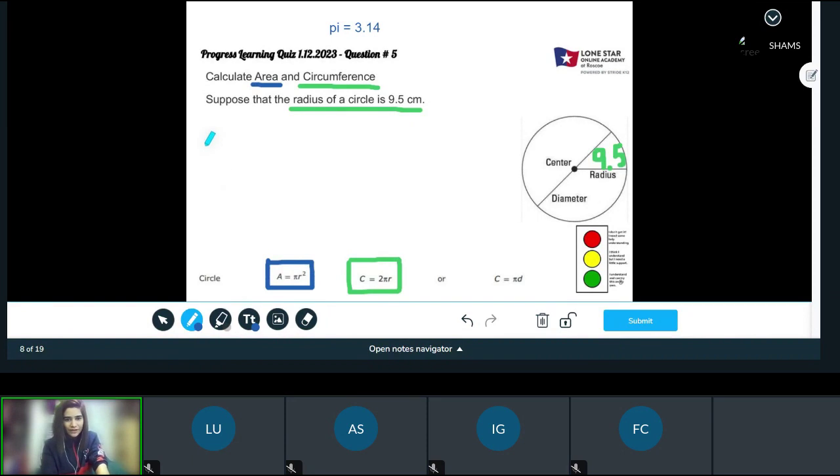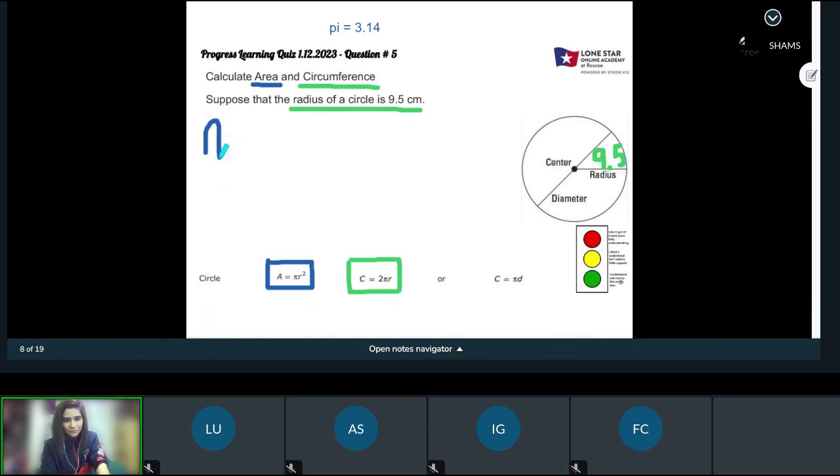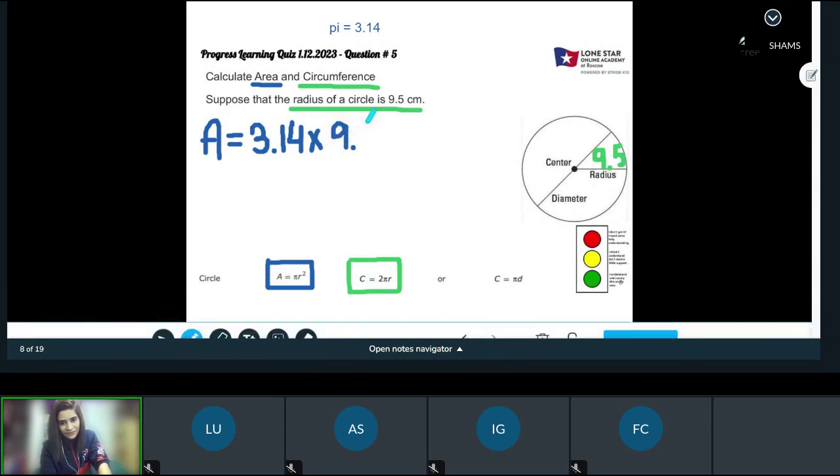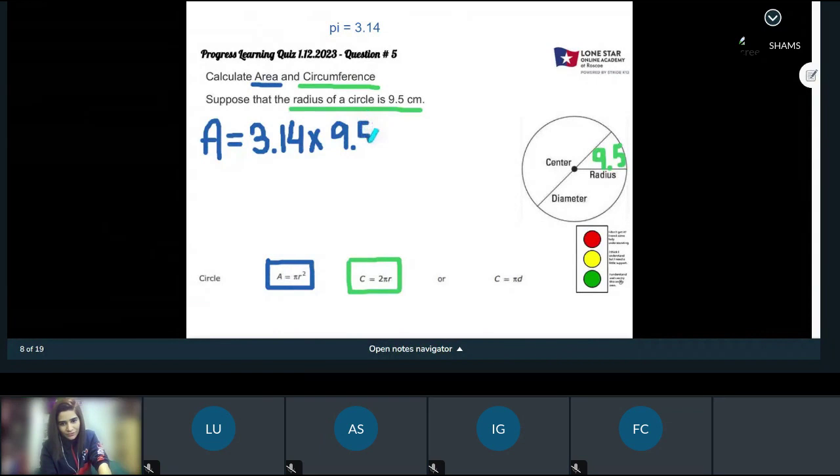If I'm going to do my area, the formula says A equals pi times r squared. Pi is 3.14 times r squared, and r is 9.5. I will square 9.5.